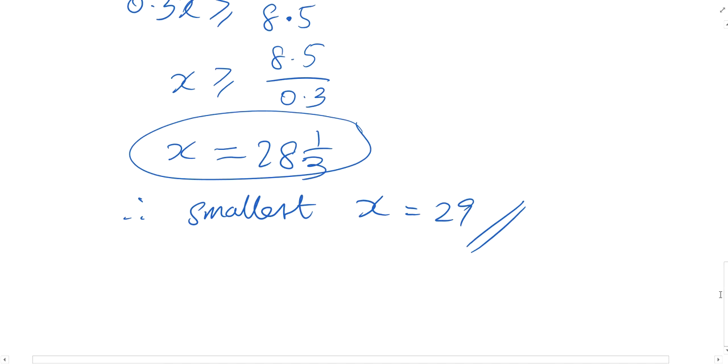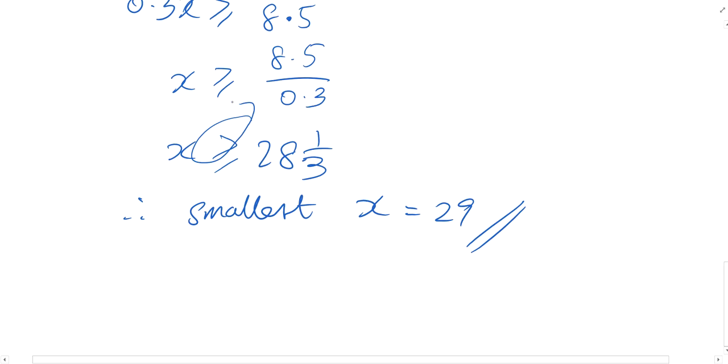But it says smallest, but that one is x greater than or equal to. But then x cannot be 28. Yes, exactly. X is supposed to be greater than or equal to 28 and 1/3. So equal to, but in this case, equal to doesn't make sense. Which is why you were supposed to start off with an inequality, to avoid the problem of telling the examiner, hey, I got 1/3 person.